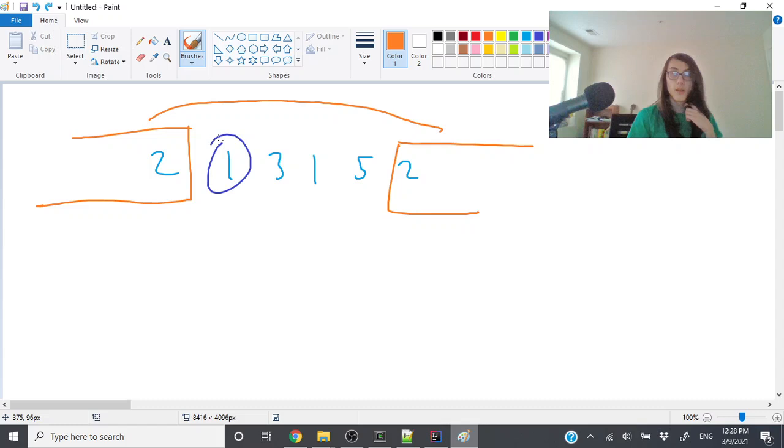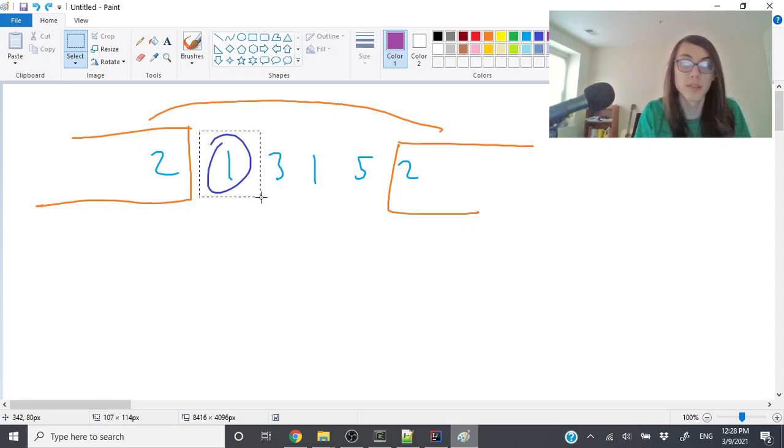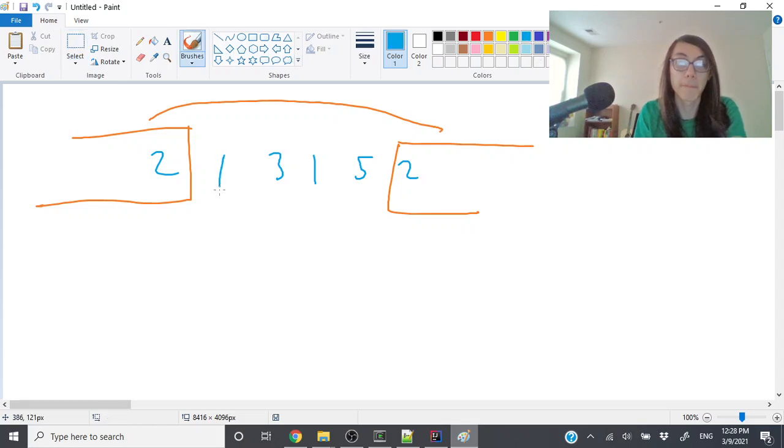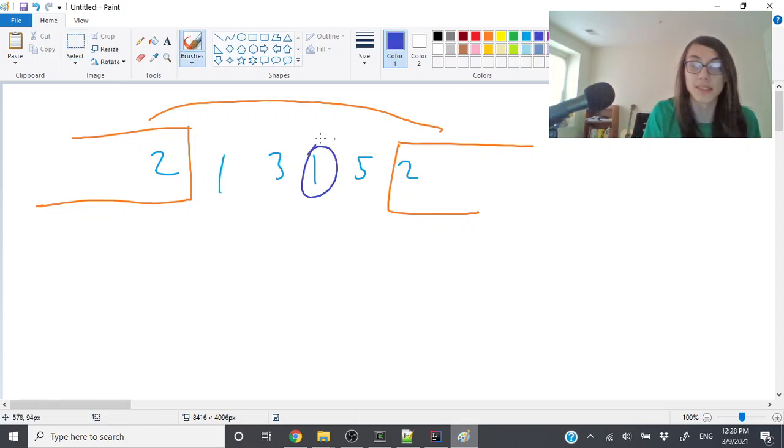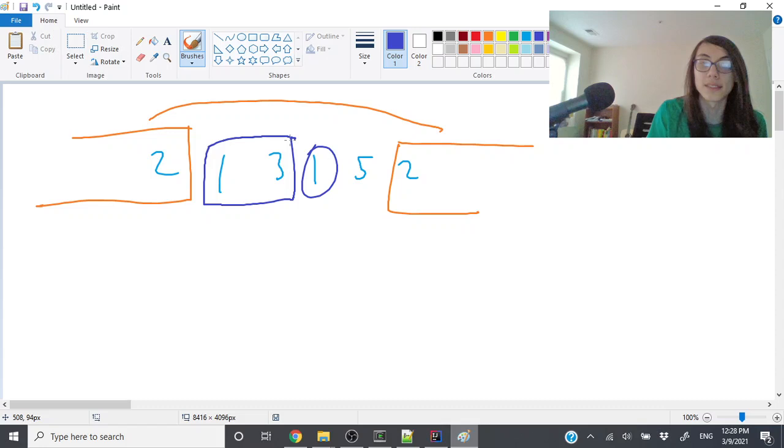So this whole thing must be palindromic, and then this must be in the middle of it. So if we process the elements from left to right, then we're already guaranteed that this is to the left. But for example, say we're processing this element instead. Then we have to make sure that we don't have some subsequence that starts over here or ends over here.